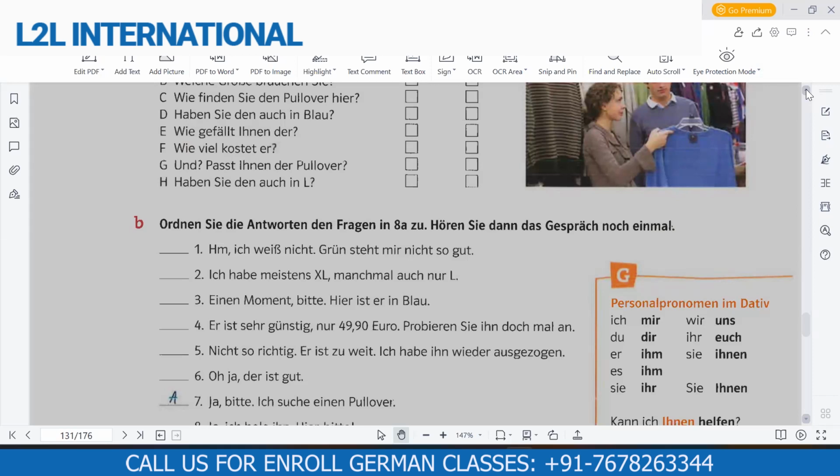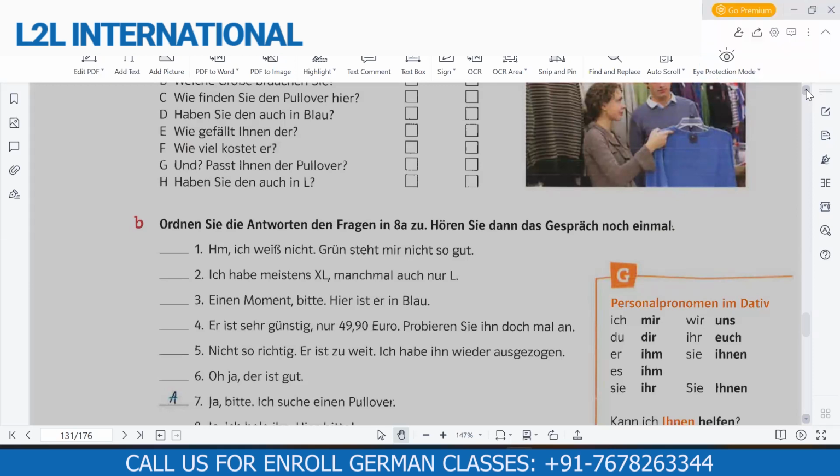Nur 49 Euro 90. But Samriddhi, we say it like that: 49 Euro 90. We don't say Punkt. 49 Euro. Euro बोलने के बाद we tell the other part, that is 90.